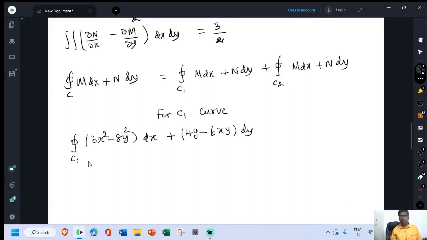This is the C1 curve, which we have to evaluate.